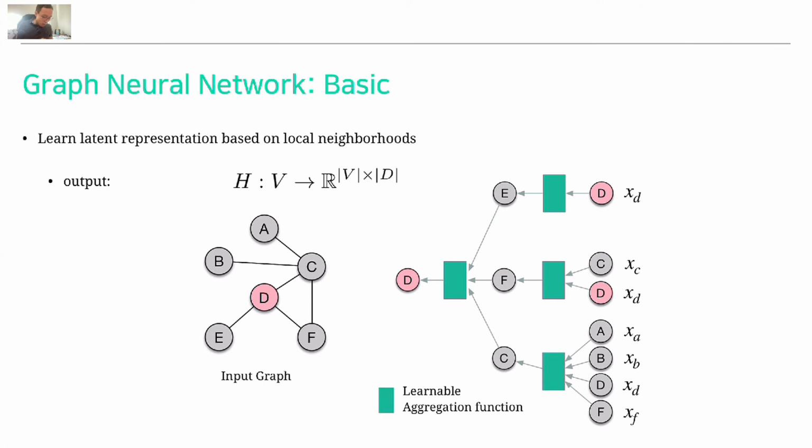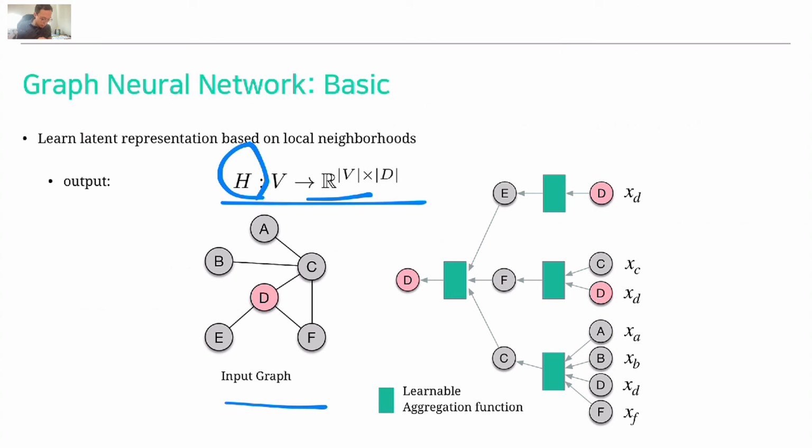So overall, here we use the representation H. The H is a node representation. I keep using different notations, sorry about that. So now we have a V by D representation.